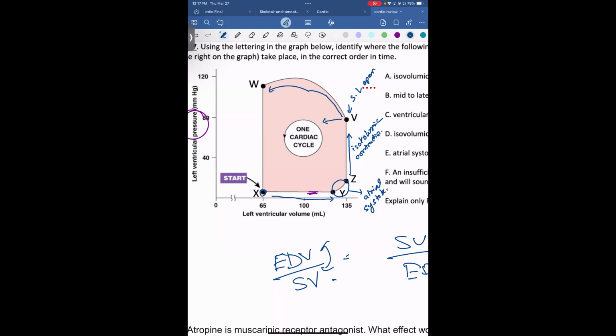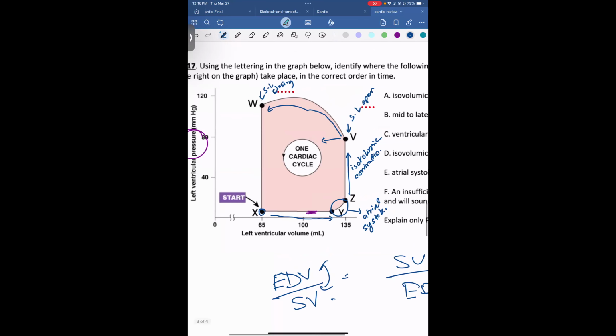And that's when the pressure in the ventricle has fallen a little lower than the aorta. So the valve would close. So this is the semilunar valve closing here. Is that okay? And because all the valves are closed, it's going to be another isovolumic phase. And in this case, it's going to be isovolumic relaxation. That's okay, right?